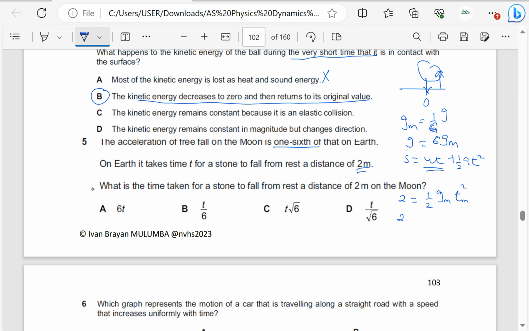Then on the Earth, s is 2 equals half times g on the Earth, which is 6 times gm, because g on the Earth is 6 times g on the moon. No, this is not correct mathematics here.